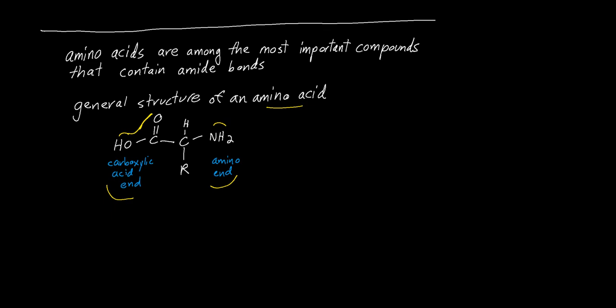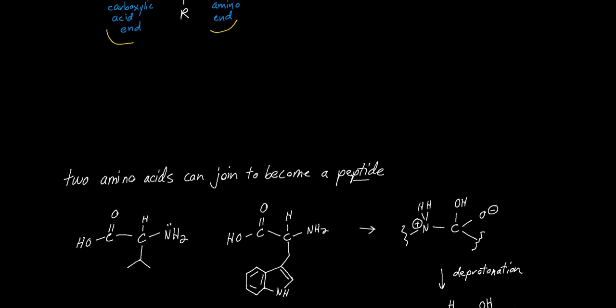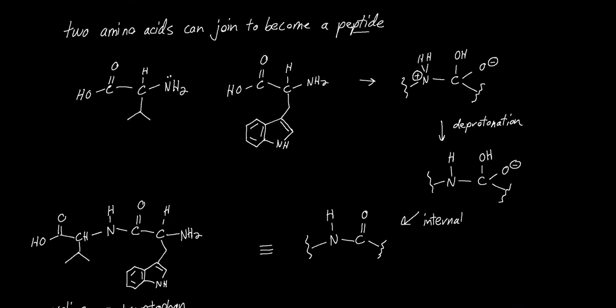What you can do is join two amino acids together via the amino end of one and the carboxylic acid end of another. So we need two amino acids, and these two amino acids can join together, and when they do that, they form what's called a peptide.